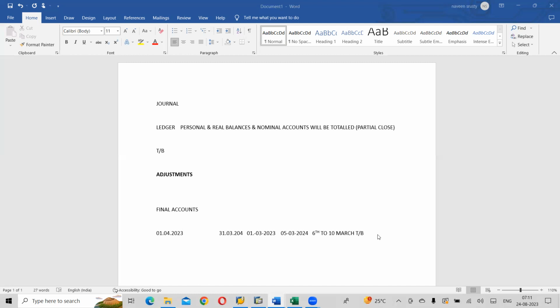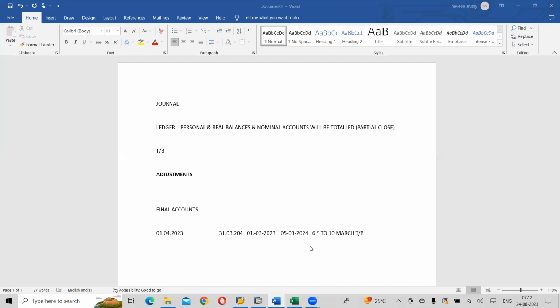If we find any transactions, they will not be recorded in the 12th period but in a period called the 13th period, with the date taken as 31st March 2023, or 31st March 2024. Is that clear? So we open a special period to record the adjustment entries found in audit, in tax, in depreciation or any other form.